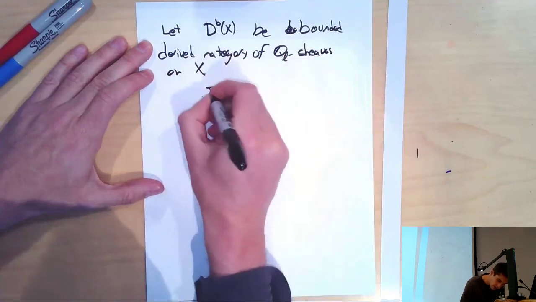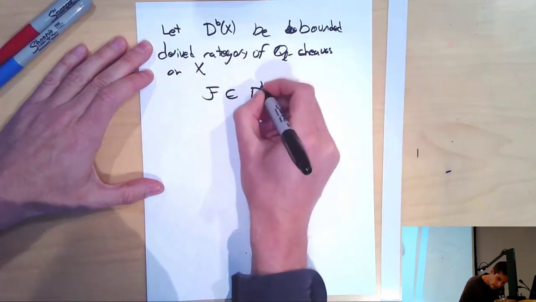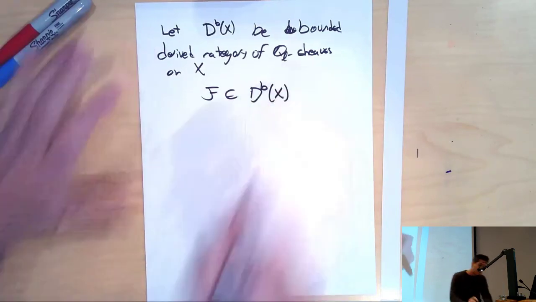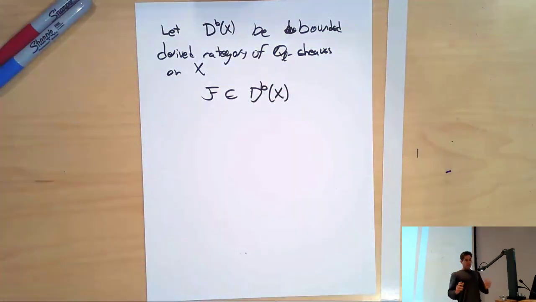So I'm going to use the letter F to denote a typical element of this bounded derived category. Roughly speaking, you can think of these as chain complexes of l-adic sheaves, although that's not quite right.